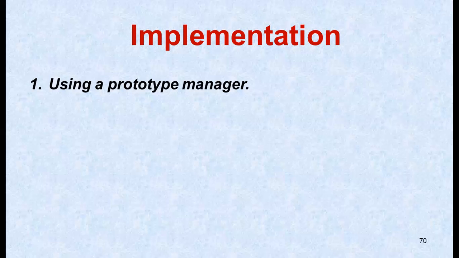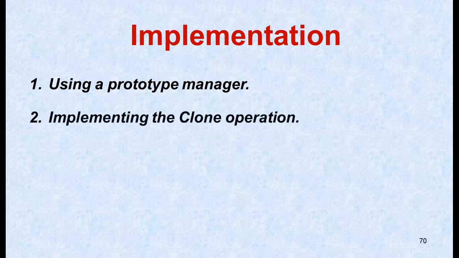Now, the second issue is implementing the clone operation. The hardest part of the prototype pattern is implementing the clone operation correctly. It's particularly tricky when the object structure contains circular references. Most languages provide some support for cloning objects.